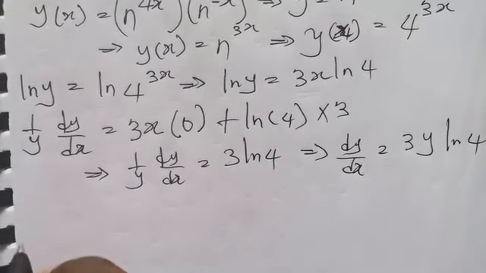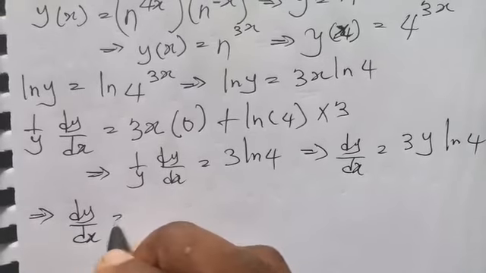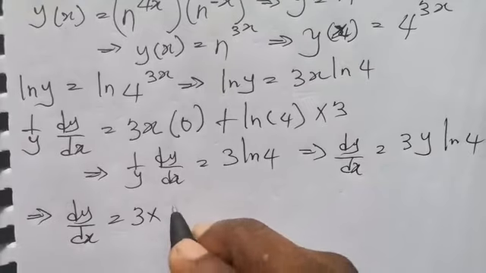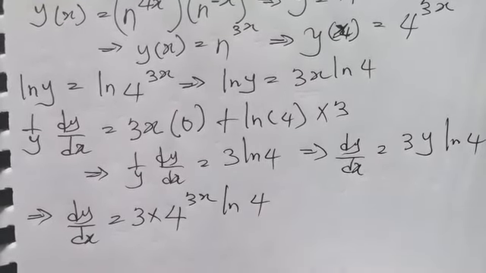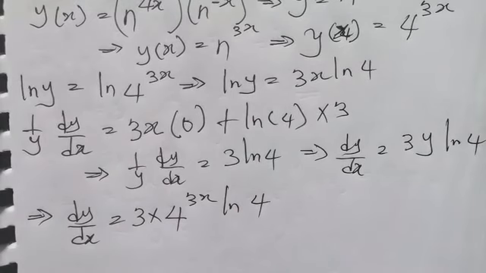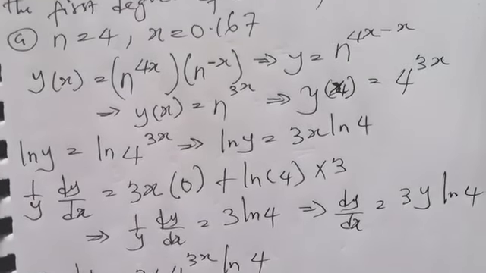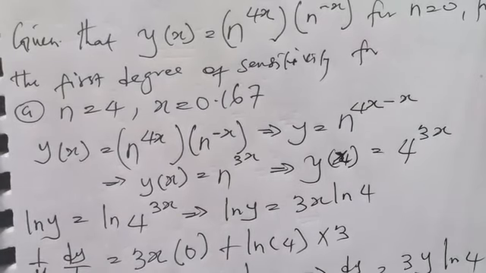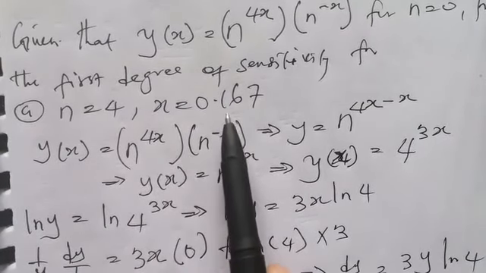So this simply implies that my dy over dx is going to be equal to 3 times 4 to the power of 3x ln 4, and we have this. Now therefore the sensitivity value, remember from the question, you were told that when n is equal to 4, x is equal to 0.167.